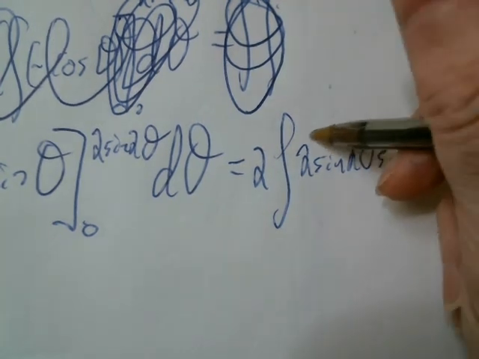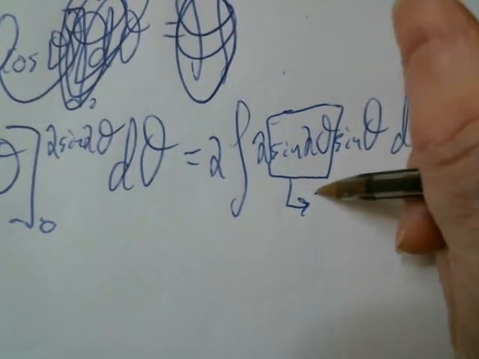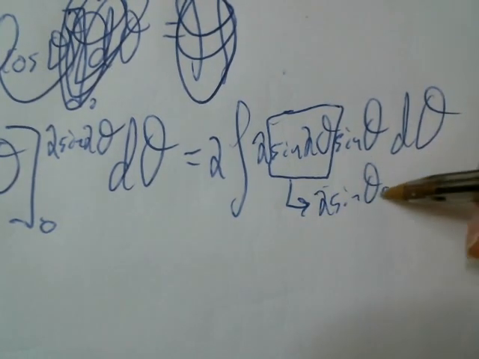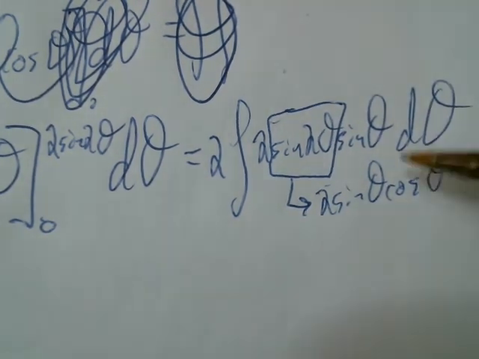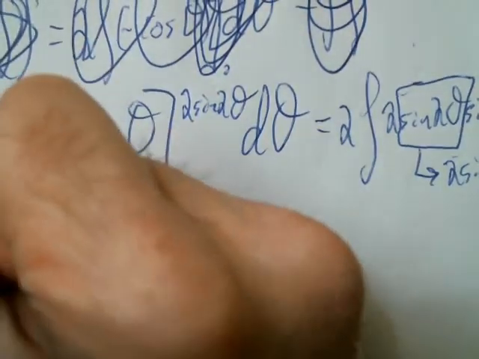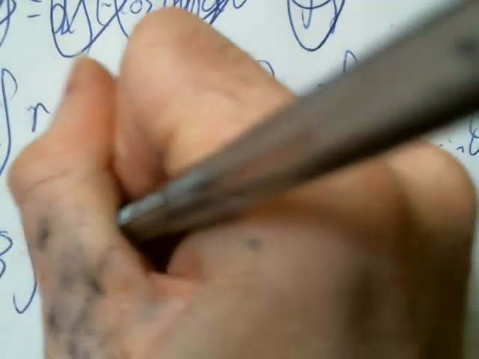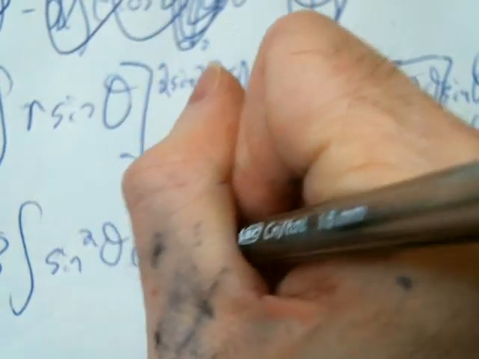So it's this part that I'm rewriting using that identity. Sine 2 theta is equal to 2 sine theta cosine theta. And then it'll be a factor of 4 there times 2, so there's a factor of 8 in front of the integral. And then I have sine squared theta cosine theta d theta.